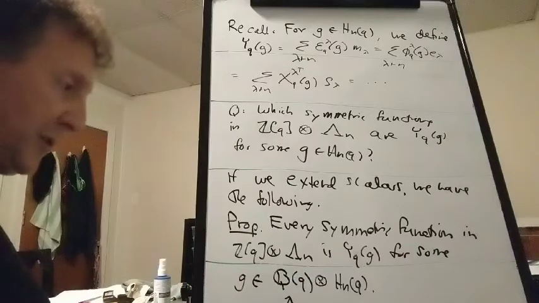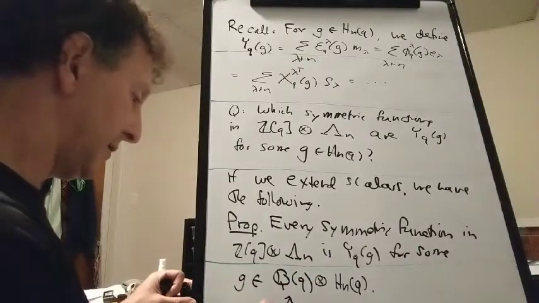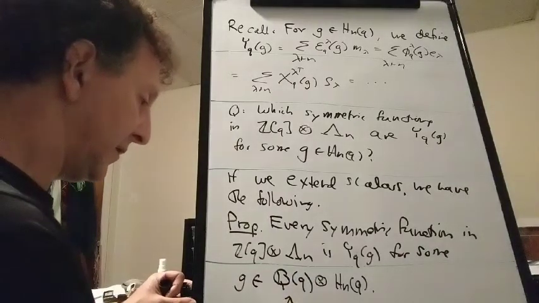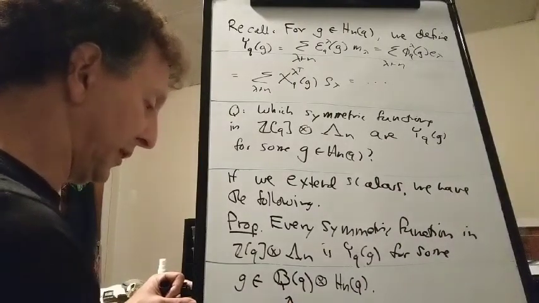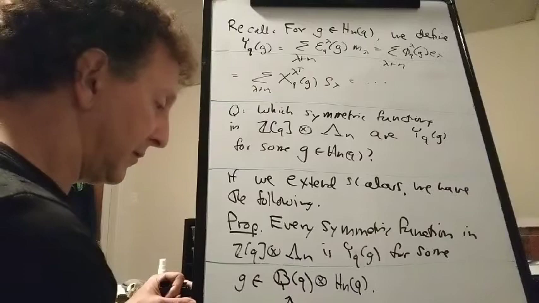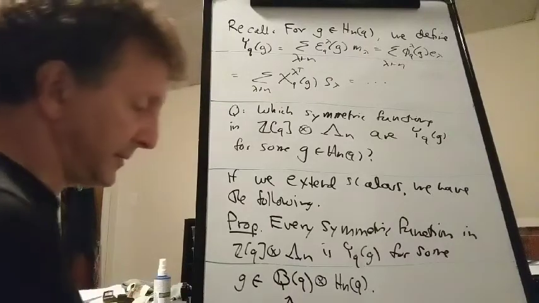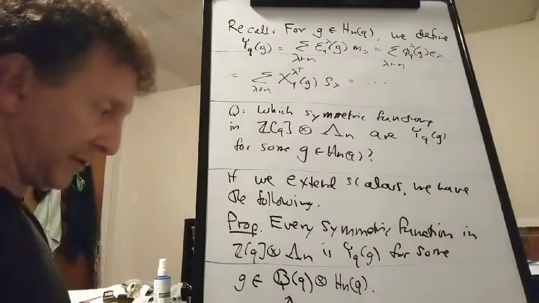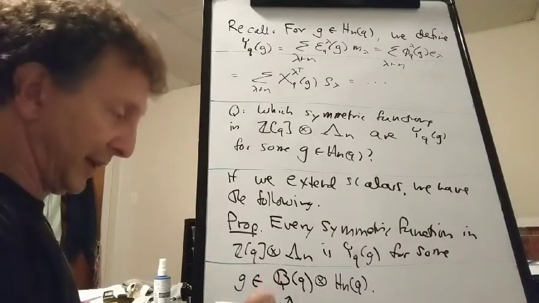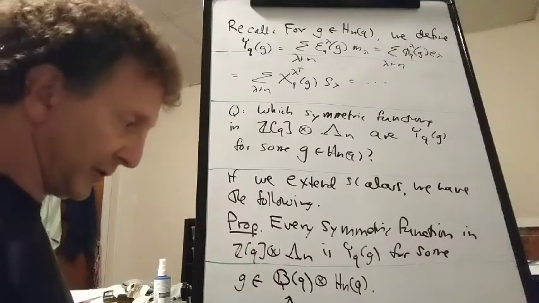Now remember, rational functions are polynomial in q over polynomial in q. And we could assume these polynomials have integer coefficients. We can get any rational number by taking integer over integer.